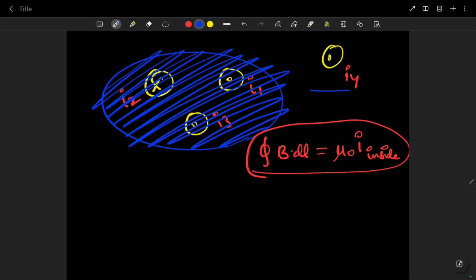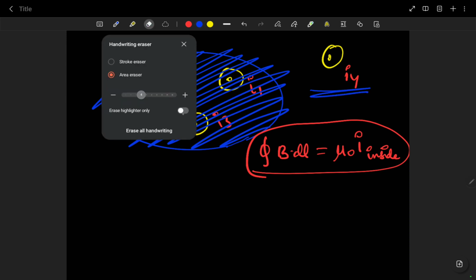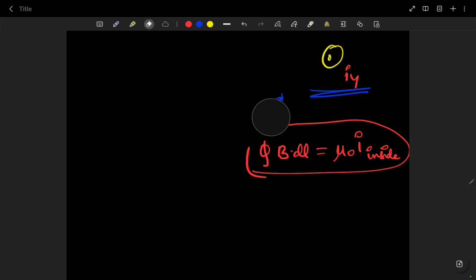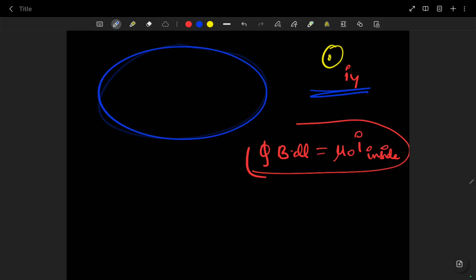Within this blue loop, this one is outside, so it will not be considered at this point of time. So this was I2, this is I3, this is I1.